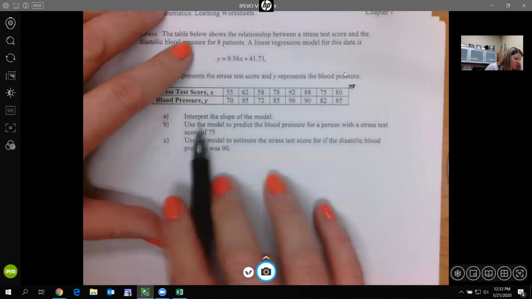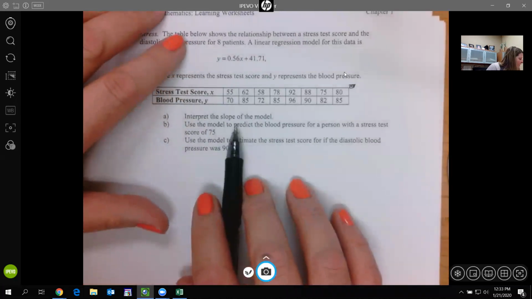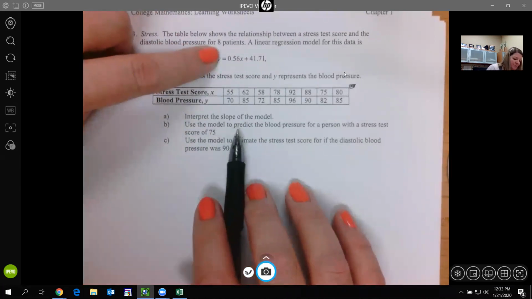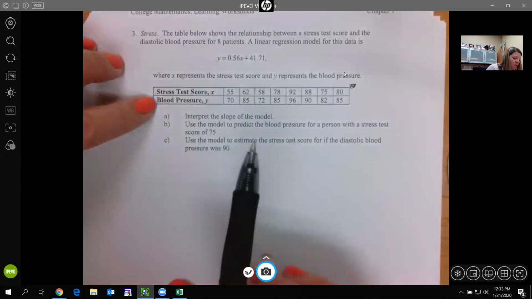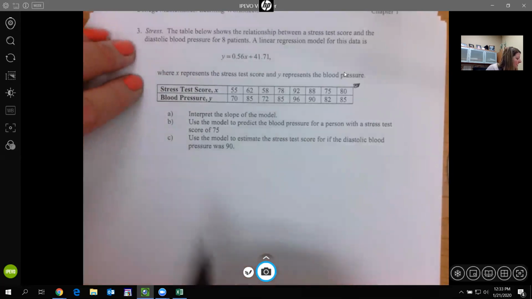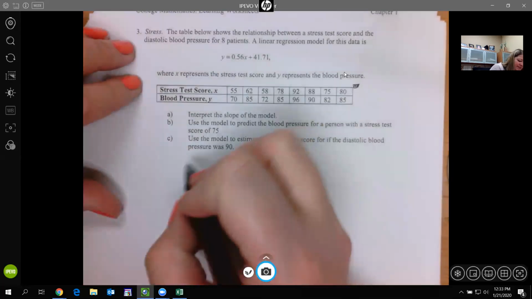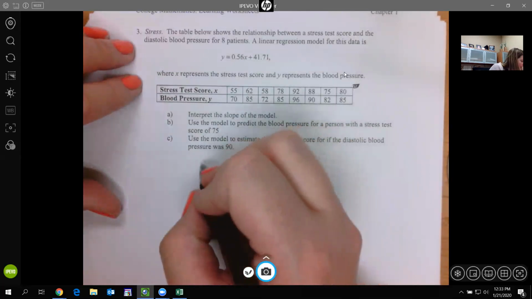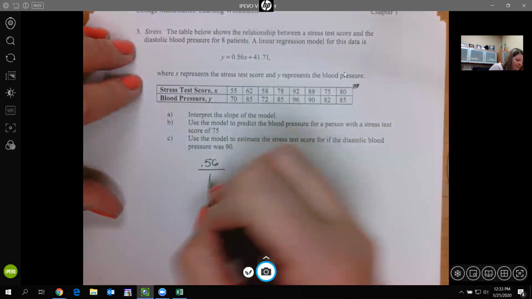Now let's interpret this slope here. So if we interpret the slope, it's 0.56. So think of that as the blood pressure over our stress test. So we're going to think of it as Y over X, our blood pressure, which was 0.56 over 1. And I'm going to think of it like this.